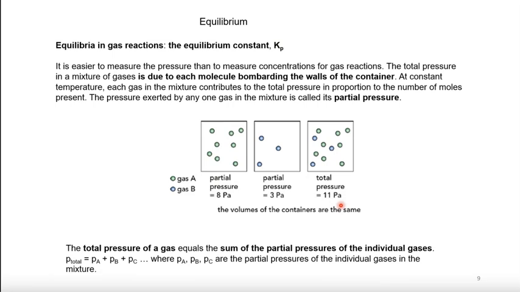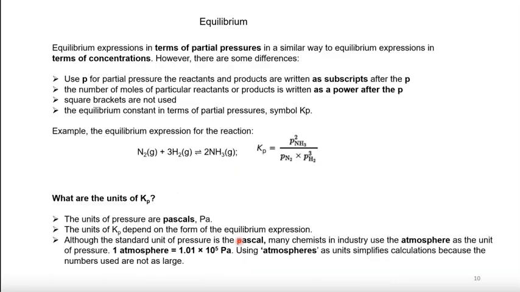It's a very simple thing. So what we are doing here: the total pressure of a gas equals the sum of the partial pressures of the individual gases. So we have to see what is our reactant, what is our product, and then finally find out the Kp, which is almost like Kc. So we go to the next slides.